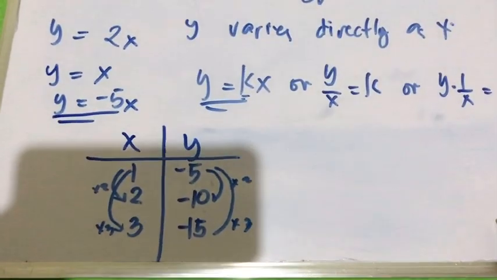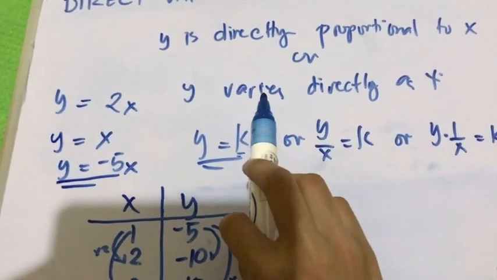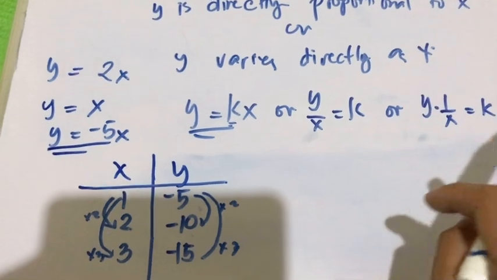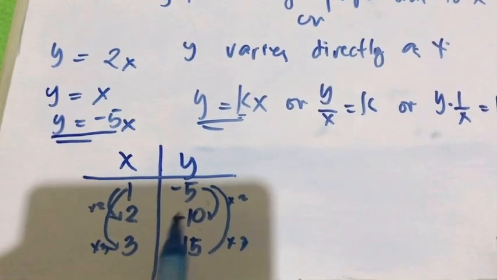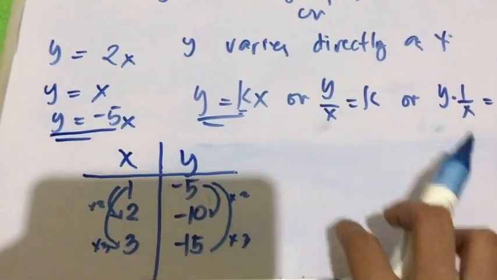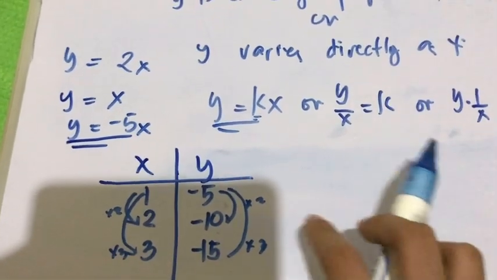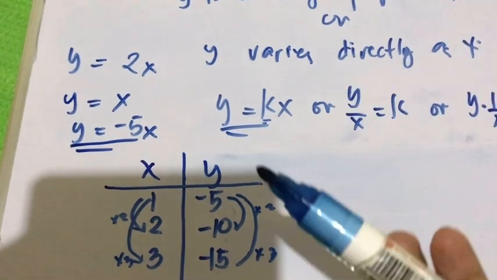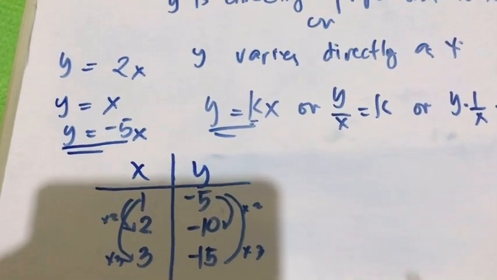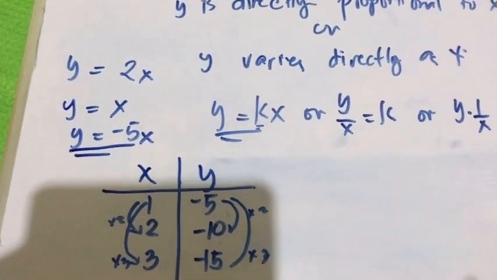So what does this mean? From the statement, y is directly proportional to x, or y varies directly as x, whenever we scale up on the values of x, we also scale up on the values of y. They go the same, no?